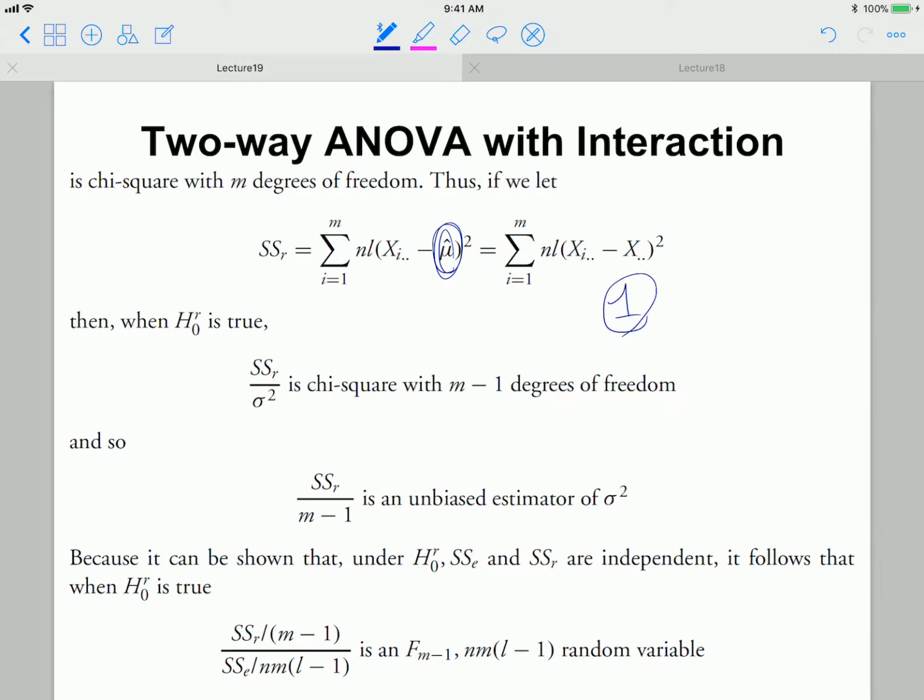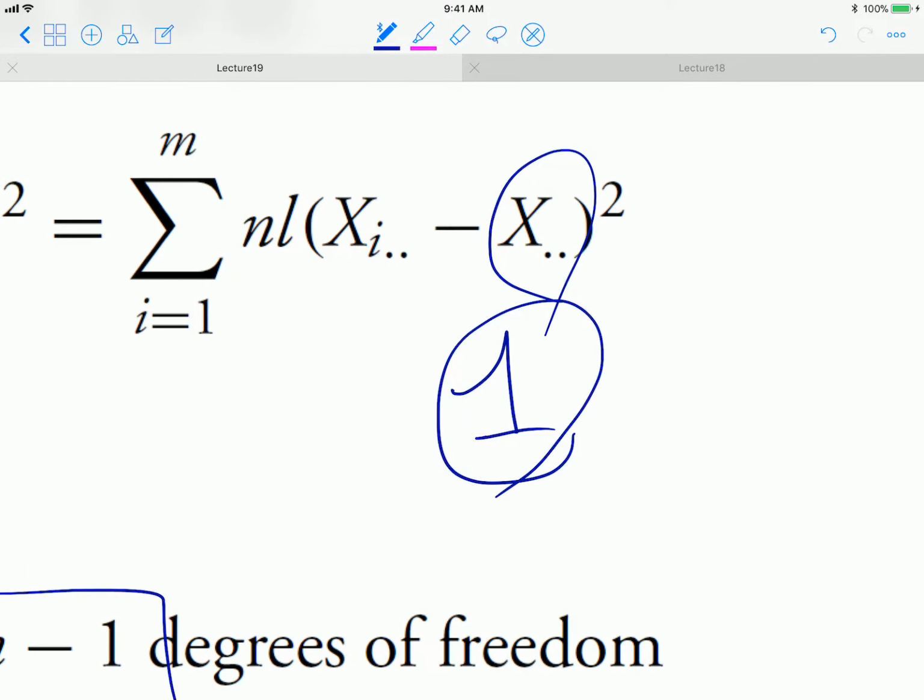We originally have m degrees of freedom, but if we replace them with our global mean, which is x, I think it's a typo. I found one typo, so I should probably send it to the author of this book. It should be x dot dot dot, right? Because we are considering this kind of setting.